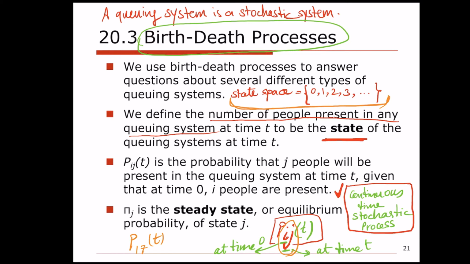That's similar to a birth in a population. Every time a birth happens, 1 person is added to the size of the population. And every time a person leaves the bank, 1 person is deducted from the number of people. That's similar to a death in the population, where 1 person is deducted from the size of the population.